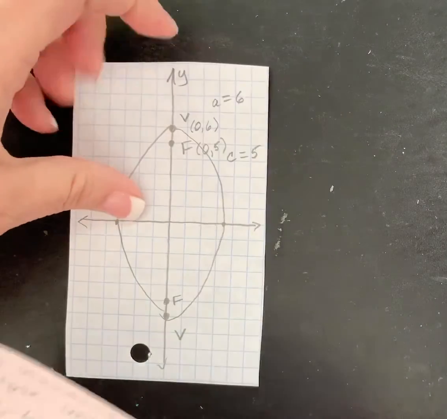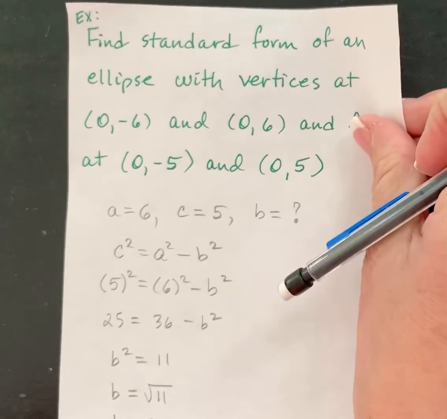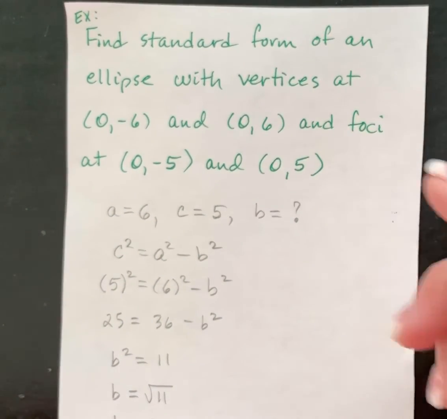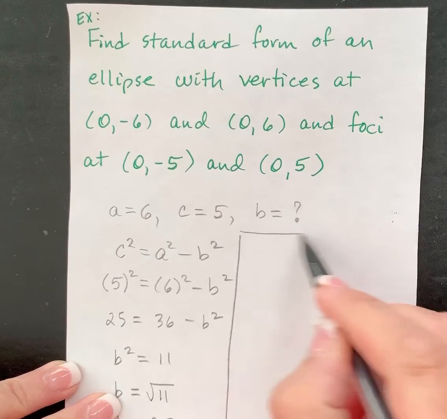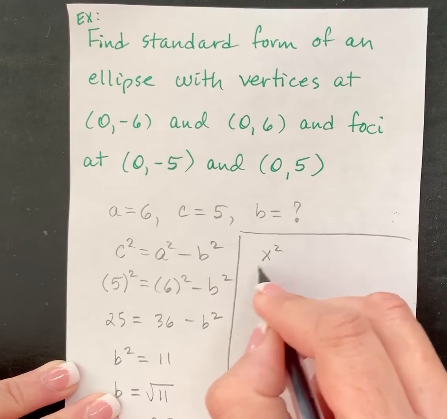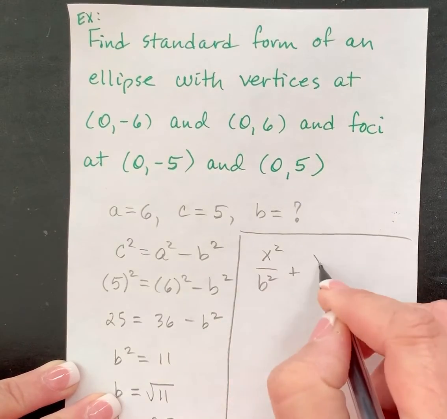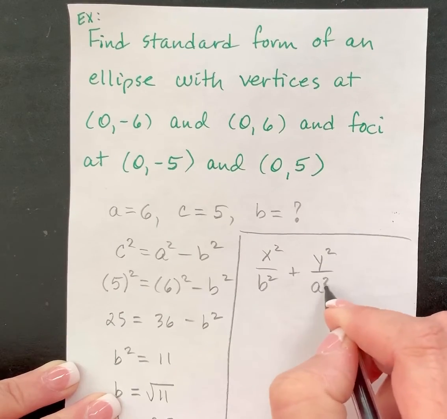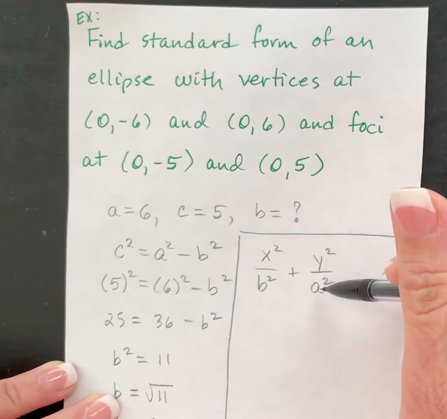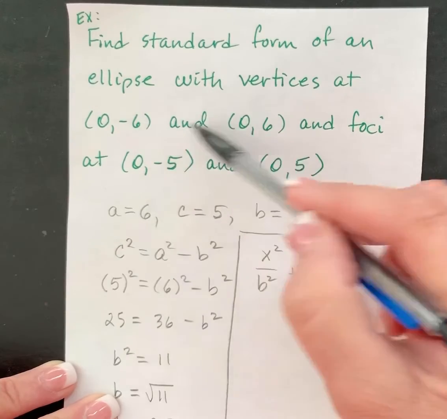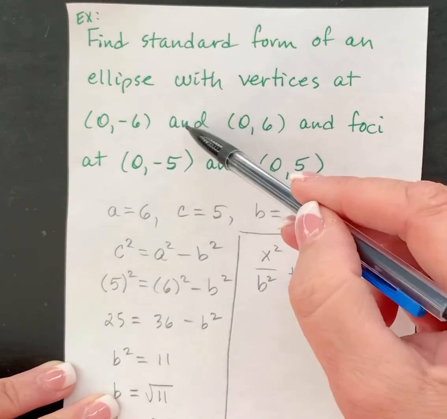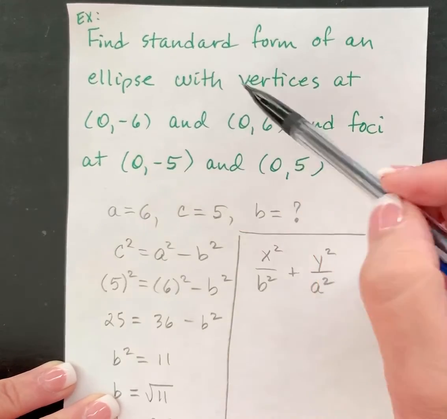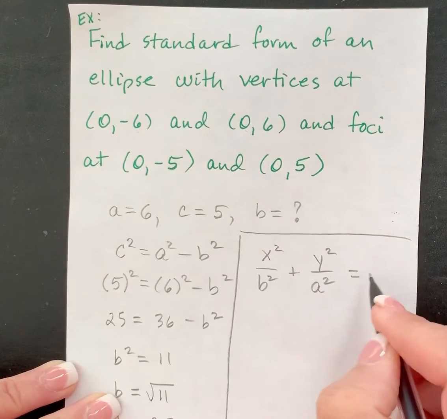Okay, now the actual question is find the standard form. So the standard form is going to be x squared over b squared plus y squared over a squared. I know that the a is with the y because the vertices are vertical. (0, -6) is below (0, 6).